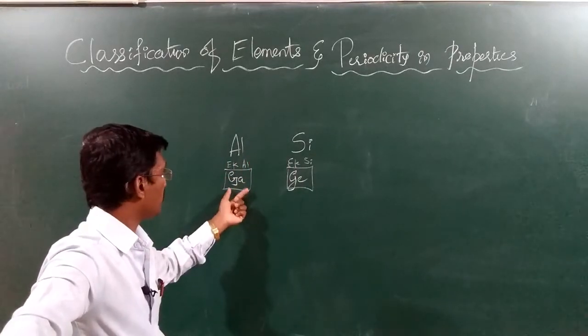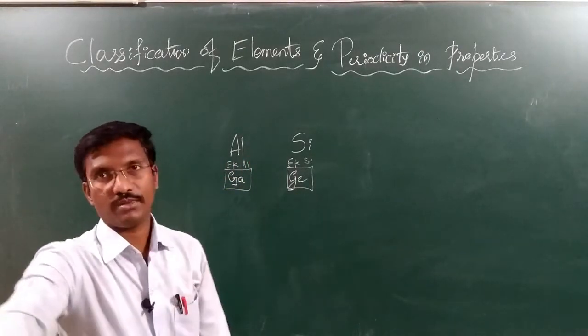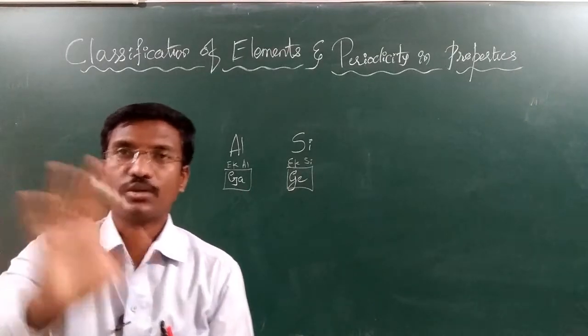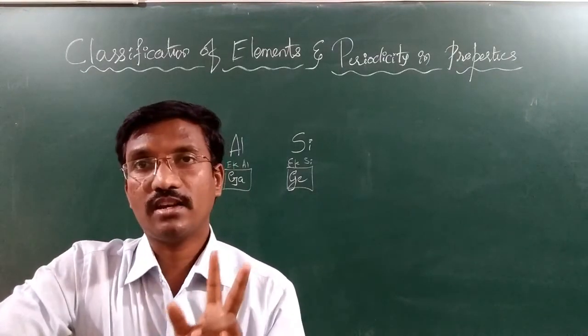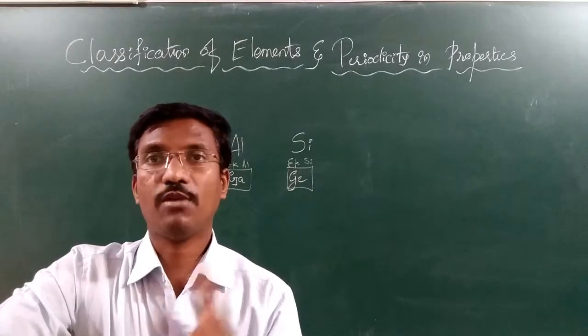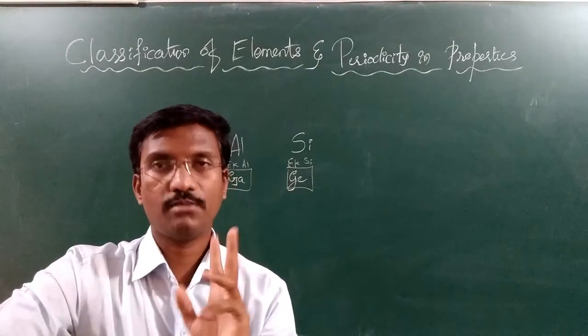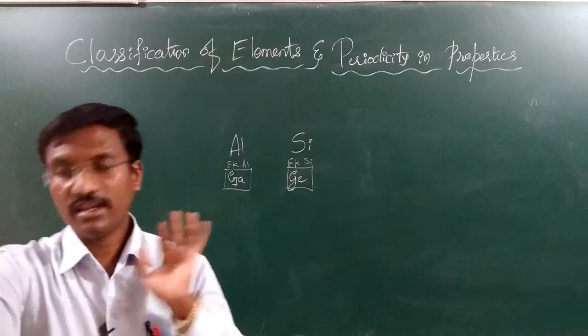The two elements are gallium and germanium. Sometimes they will ask you, so keep in mind that the two elements discovered with the help of Mendeleev are gallium and germanium.